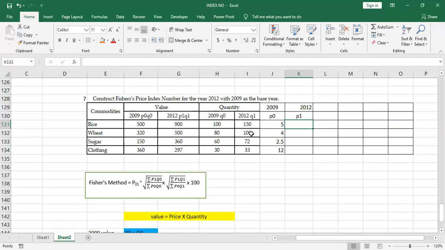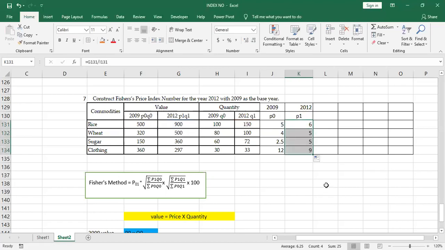P1: value is 900, 900 divided by 150. It is 6.